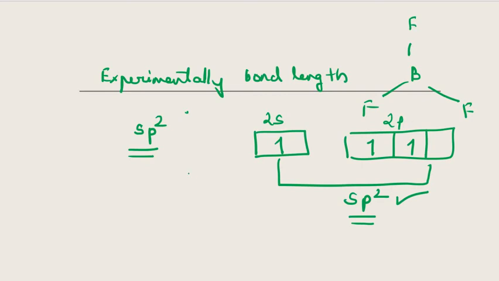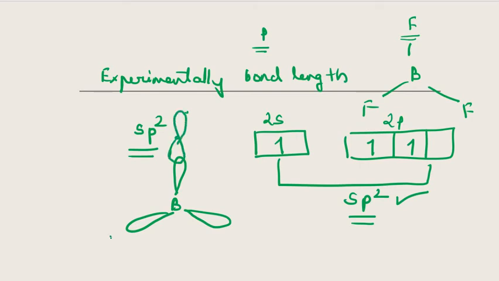Now these sp2 hybrid orbitals of the boron atom overlap with the fluorine orbitals. So in the case of boron, sp2 hybrid orbitals are formed. And in the case of fluorine, the half-filled electron was in which subshell? It was in the p subshell. So they overlap with each other, and our figure will be like this.